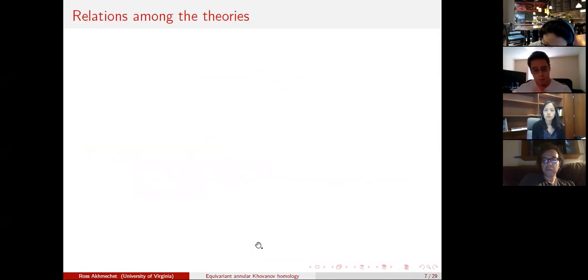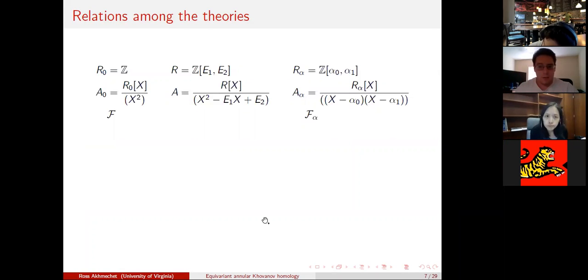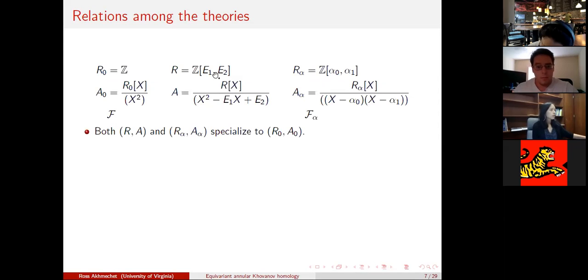Okay, so those are the three theories. Here are some relations among them, where I gathered them all. Here's Khovanov SL2 homology. Here's the U2 equivariant, and here's the U1 cross U1 equivariant. Both of the equivariant ones specialize to this R null, A null, just by setting the variables equal to 0.